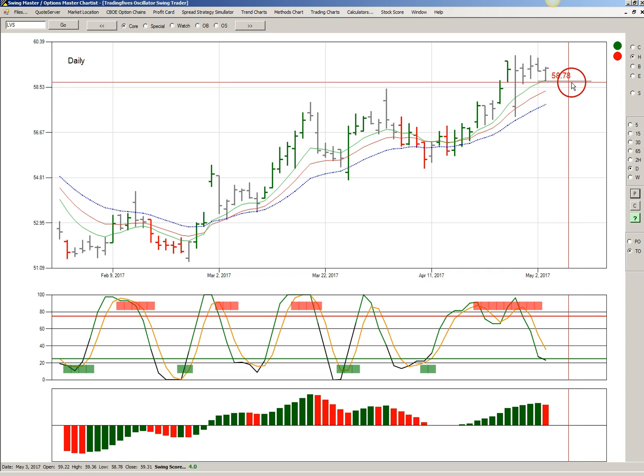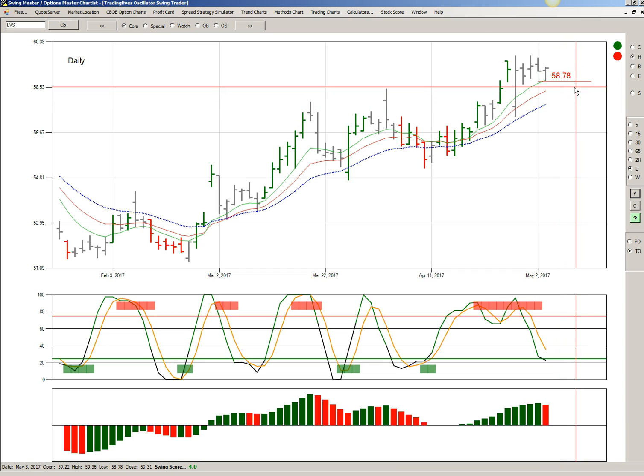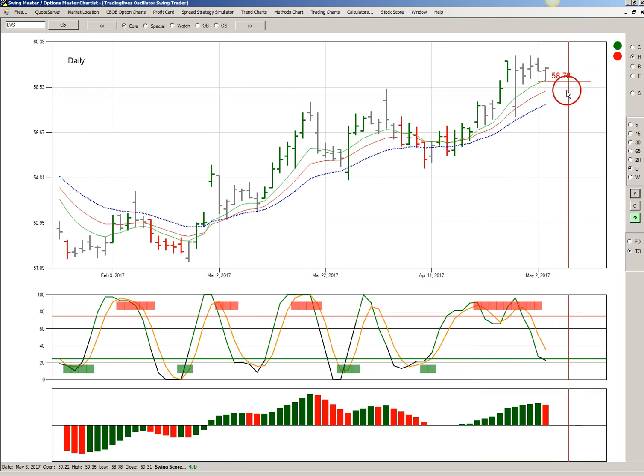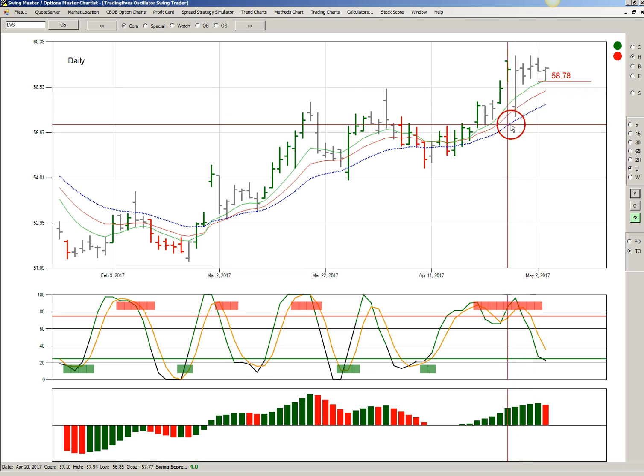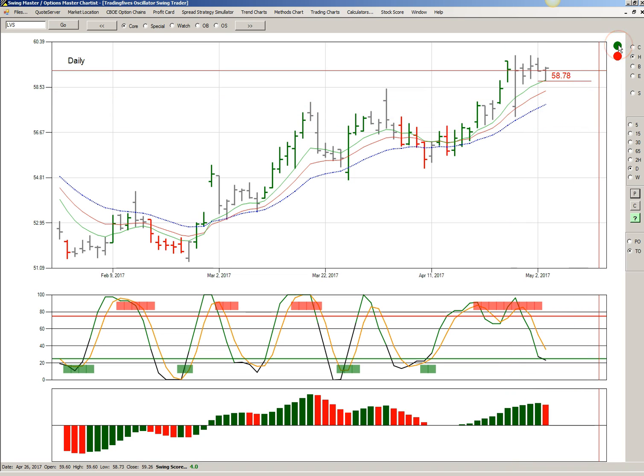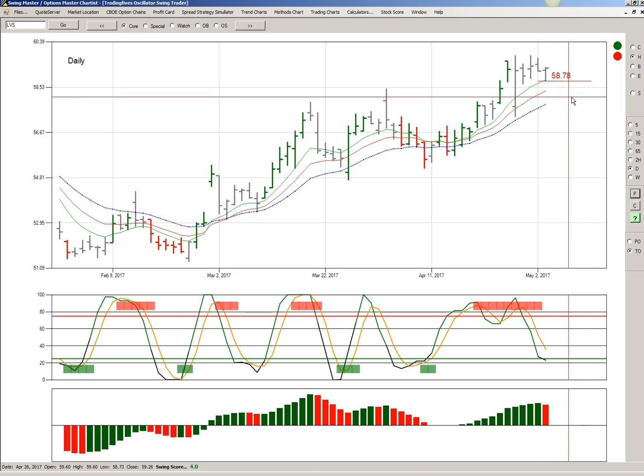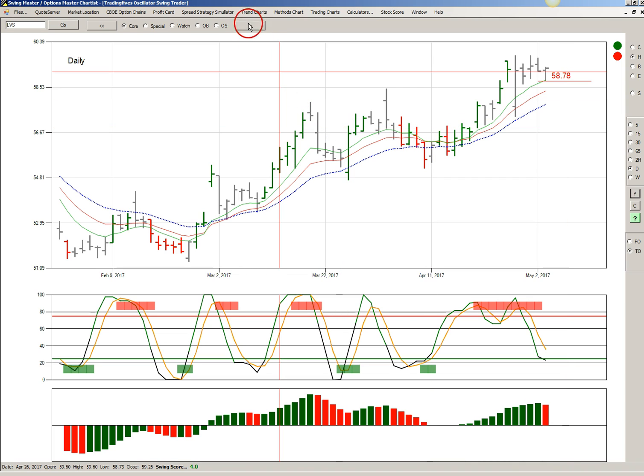So 58.78, one tick below 58.77, would be the execution. I'm sorry, this is LVS. That would be the execution of the sell signal. This one has not been realized yet. But again, we also have the case where the weekly trend is higher. So one way to handle that is to adjust your positions. If you usually do 5, maybe you'd want to do 2 or something similar to that.